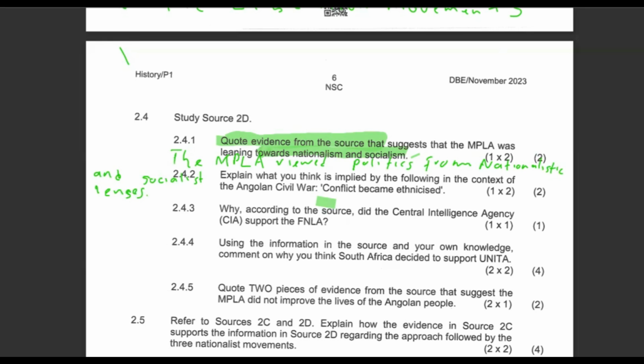They actually viewed politics from nationalist and socialist lenses. So that answers the first question.